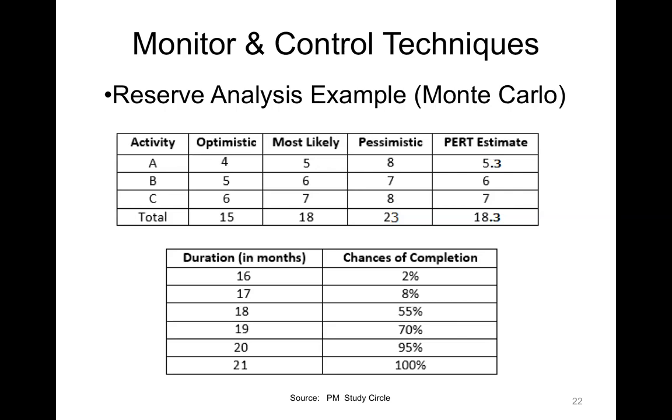So if we run a simulation 500 times or 1,000 times or even 1,000,000 times and plot in random numbers using our distribution, then we can see that the chance of completion in 16 months is actually only 2%, whereas 21 months is a 100% chance.